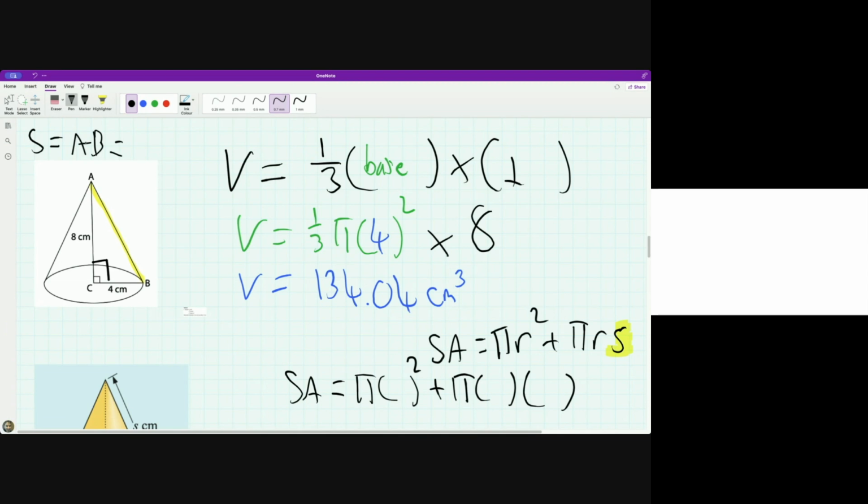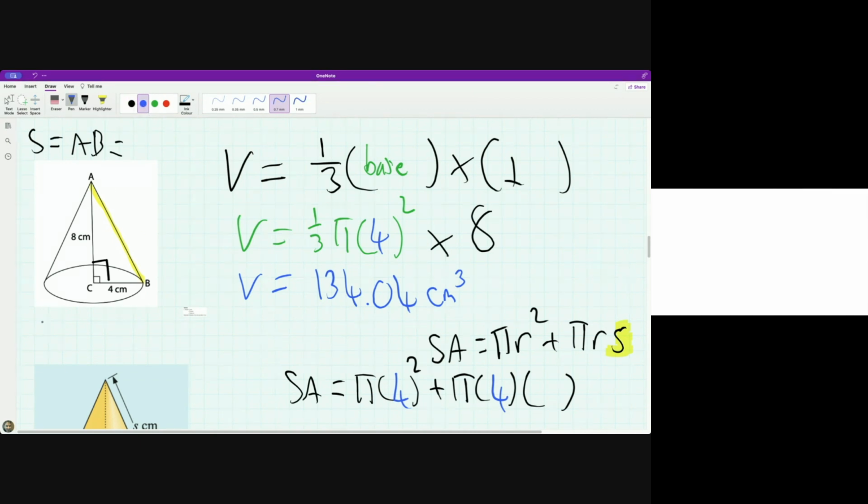You will be given this formula in the exam if they ask you a question, but you just need to know what s is. You need to know it's not the main height of the cone, it's the slant height. It's the diagonal on the side. So luckily they gave me the 4, so that's quite easy.